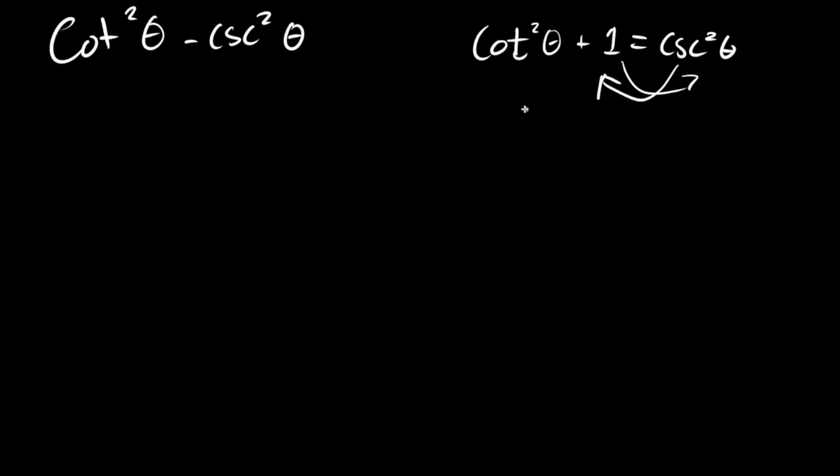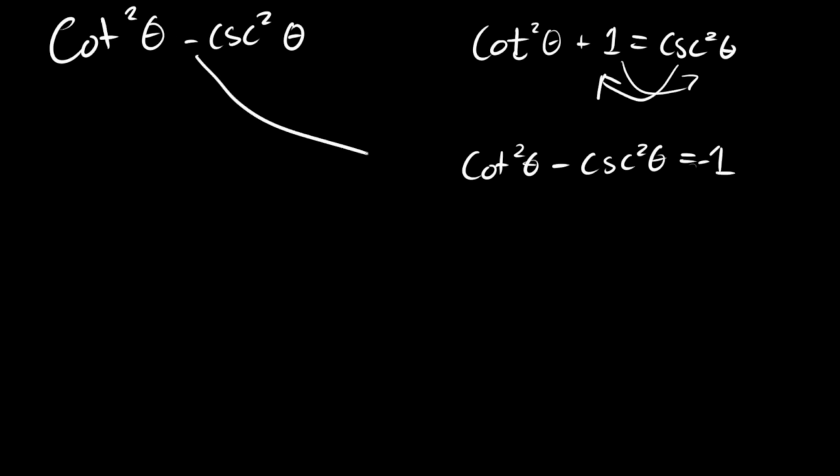So we get cotangent squared theta minus cosecant squared theta equals negative 1. And hey, look, that's exactly what we have up here. These are equal. So we're going to take the answer to that, and we're going to get negative 1.